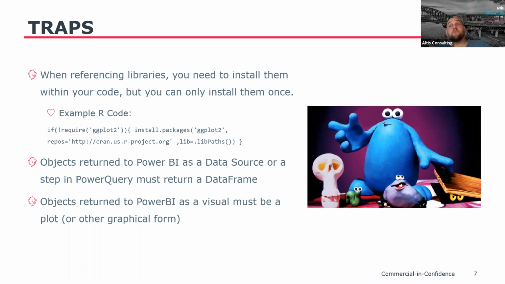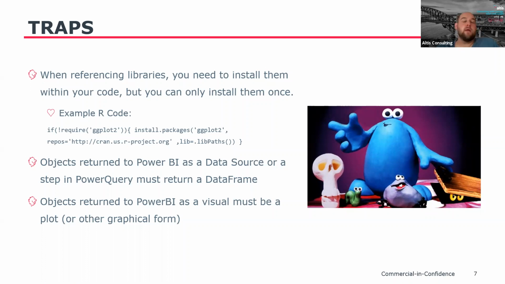Objects returned to Power BI as a visual plot, like that last step we did when we saw the scatter plot, have to be returned as a plot. So if you use something like ggplot or matplotlib in Python to run those, that will just return back. That'll be the first object that it sees. I believe it has to be the first object that you return that you will see, but I could be wrong about that.